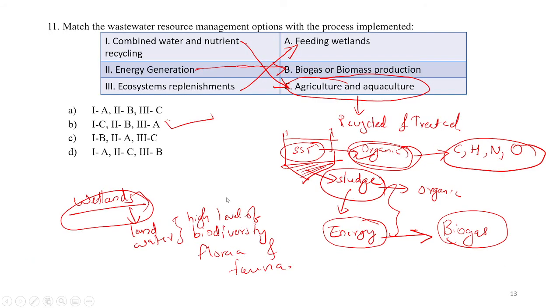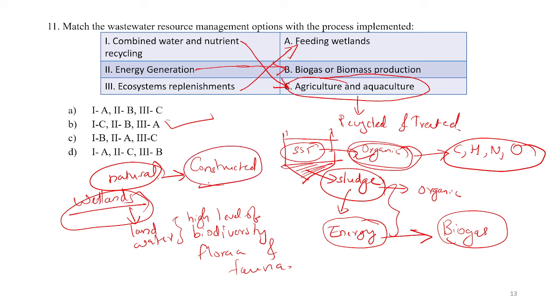Yes. So coming to wetlands. In the coming classes, you will learn about constructed wetlands. Constructed wetlands is a term for artificial or man-built wetlands. You have natural wetlands in nature. Similar to that, research is going on nowadays for constructed wetlands, where you artificially create a wetland system for treating wastewater.